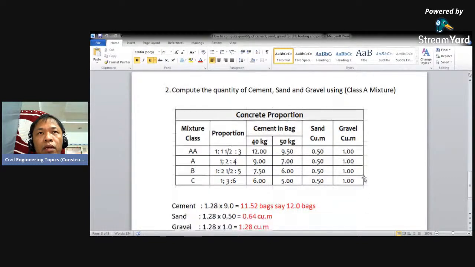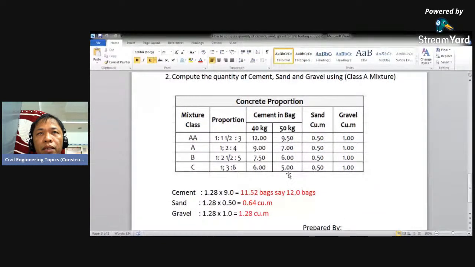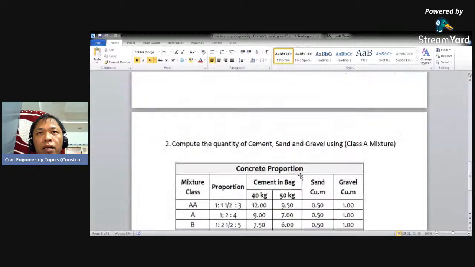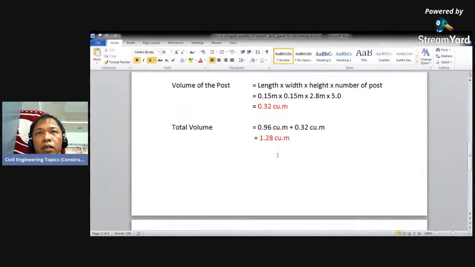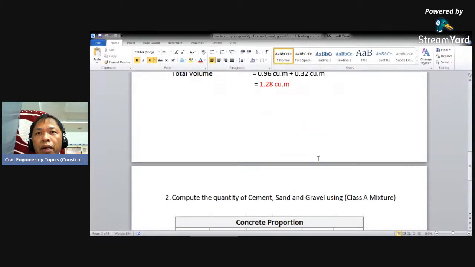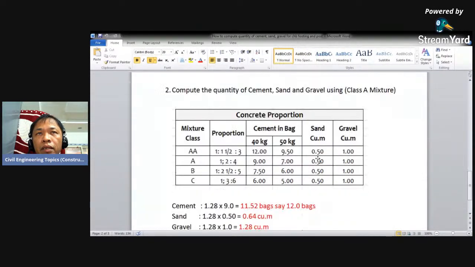So now we need to compute the cement by using class A mixture. So cement is equal to the total volume. So we need only the volume multiplied by the constant multiplier.